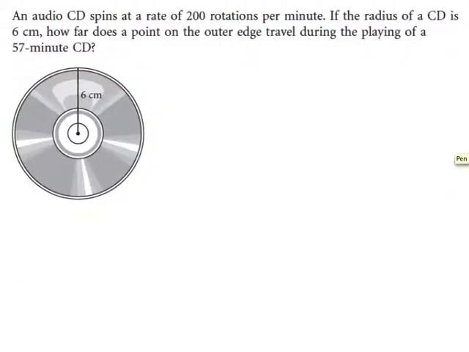Okay. 1 through 5, section 6. An audio CD spins at a rate of 200 rotations per minute. If the radius of a CD is 6 centimeters, how far does a point on the outer edge travel during the playing of a 57-minute CD?